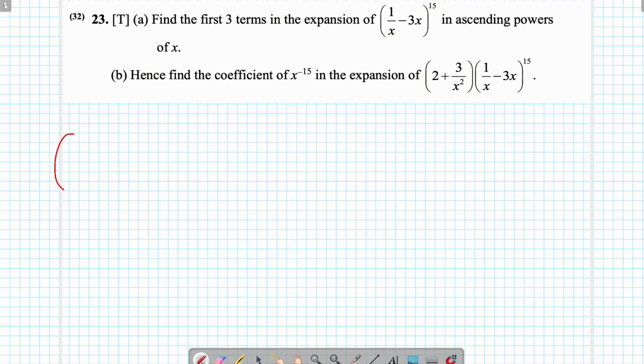So 15c0, x to the negative 15, times negative 3x to the 0, plus 15c1.